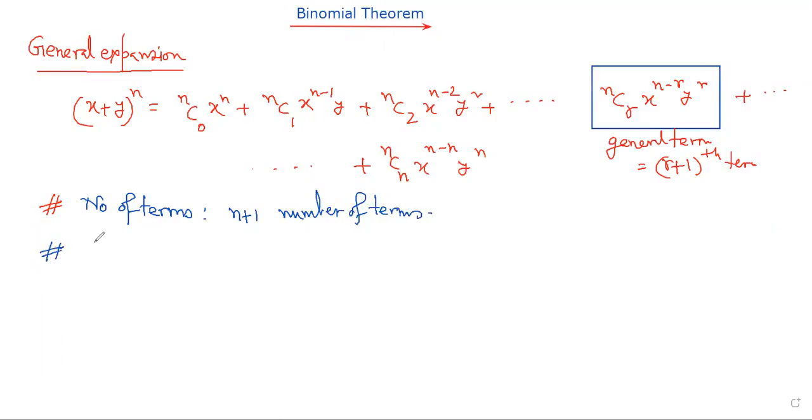Similarly, the r plus 1th term should be considered the general term, and that would be nCr, x to the power n minus r, y to the power r. Now from here, the powers of x and y we can check.